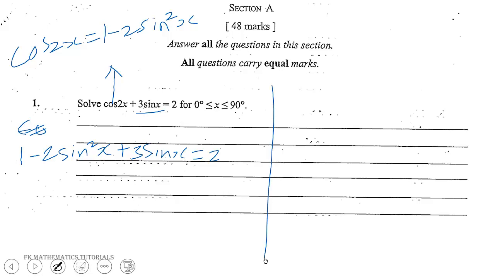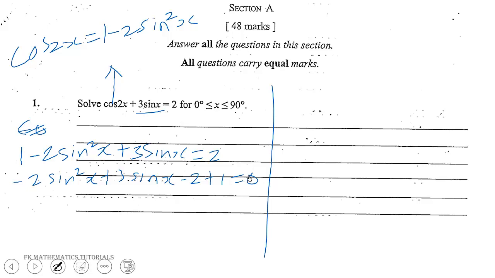So this is the same as negative 2 sin²x plus 3 sin x, and minus 2 plus 1 is equal to 0. So I brought the 2 to the left hand side.